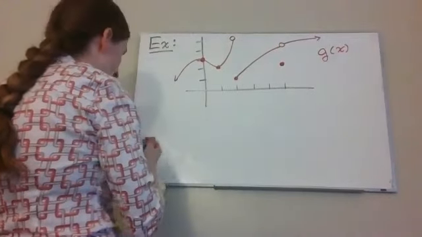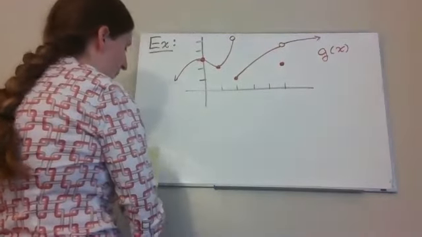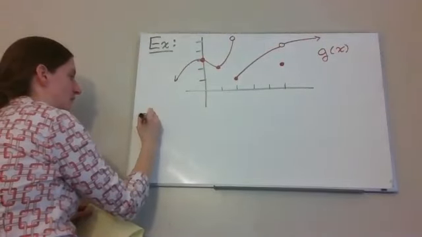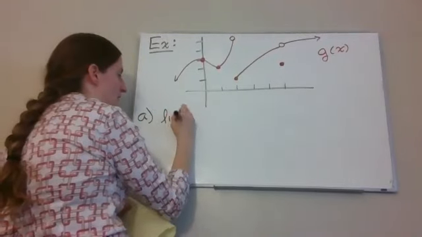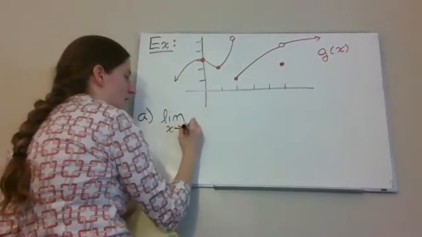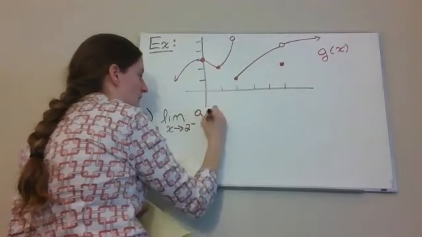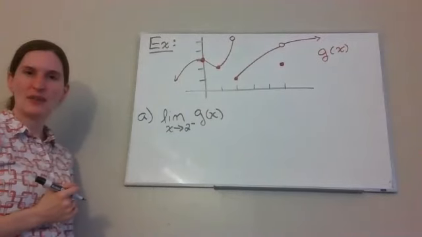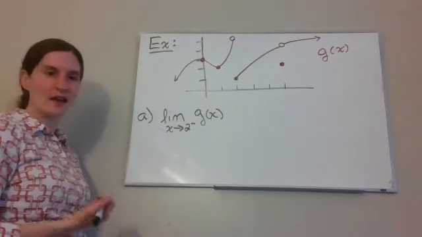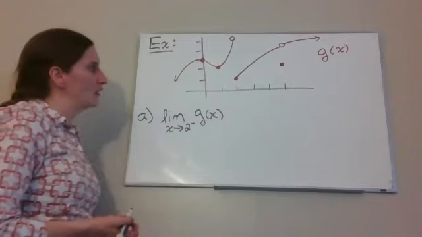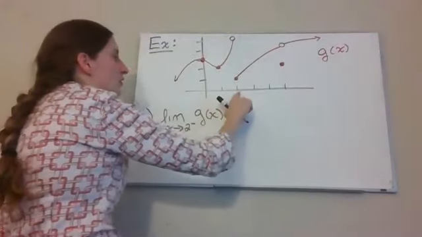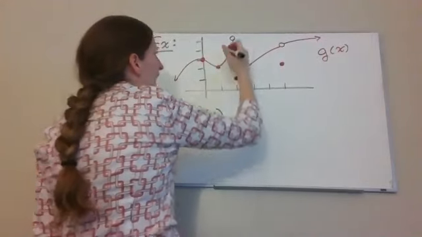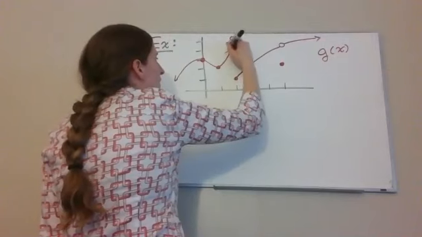The first thing we're going to try to find is the limit as we approach 2 from just the left side. So what is the limit as we approach 2 from only the left side of this particular function? That means I need to find where x is equal to 2, and I'm only going to follow my function from the left side, so numbers a little bit smaller than 2.